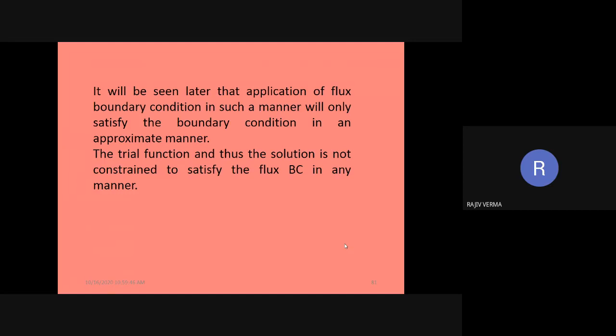So the first boundary condition is going to be substituted in the trial function itself. The trial function entering the solution is not constrained to satisfy the flux boundary condition in any manner. Thus, the flux boundary condition is unconstrained.